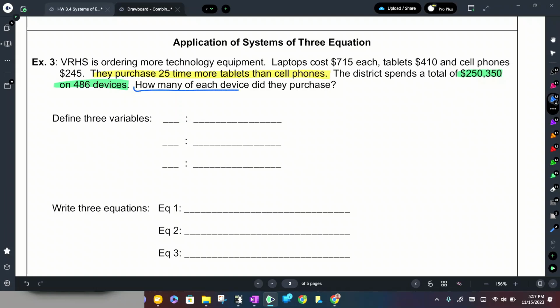So our variables have to be the devices, right? So I would set this up as L is the number of laptops. You could do X, Y, and Z, it doesn't matter. I like the variables to make sense in the context of the problems. Cell phones is going to be C, that's the number of cell phones.